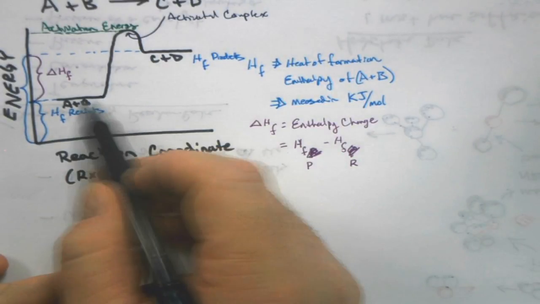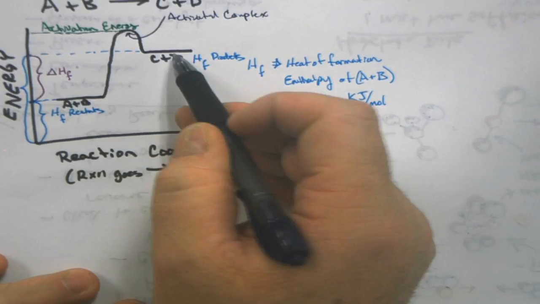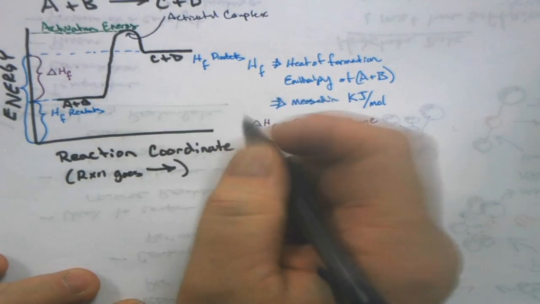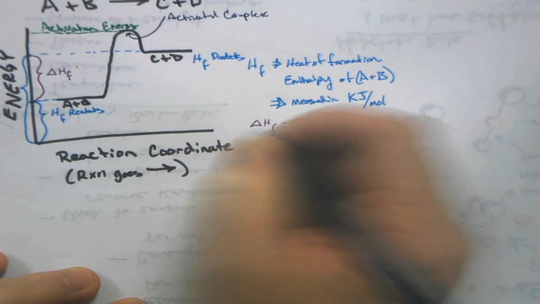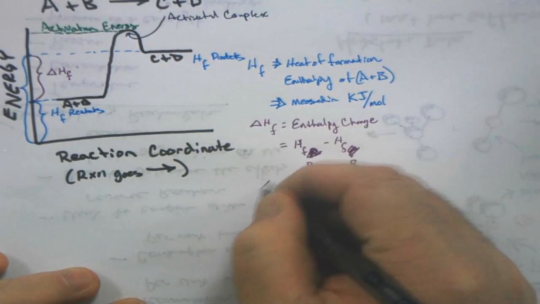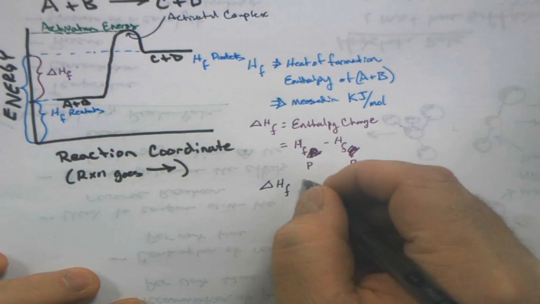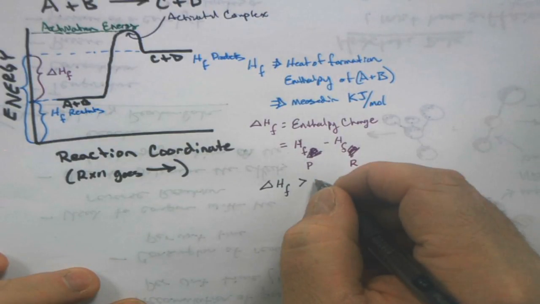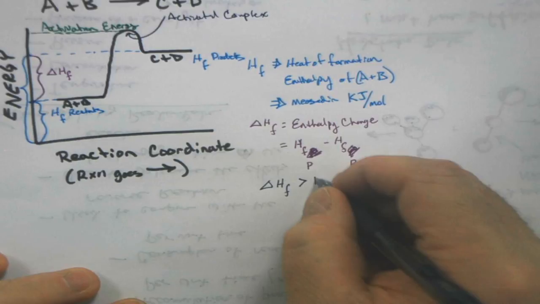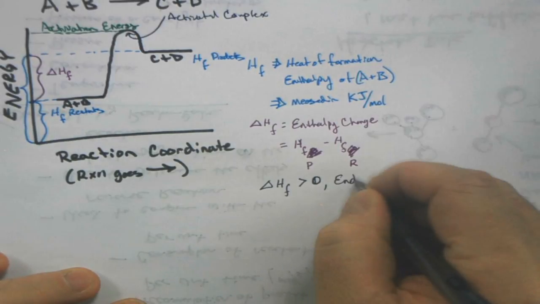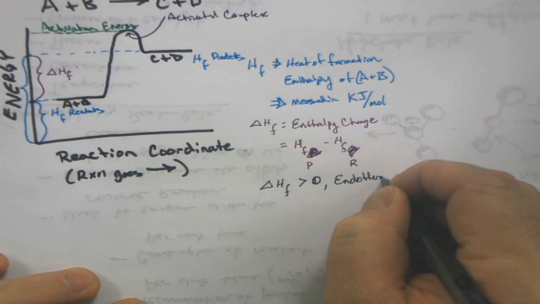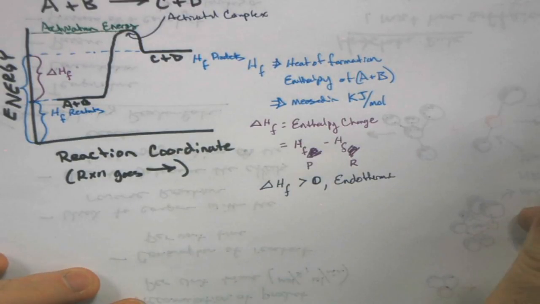If you start here and you wind up with more energy being stored in your bonds, it is an endothermic reaction. That means that if delta HF is greater than 0, it's an endothermic reaction.